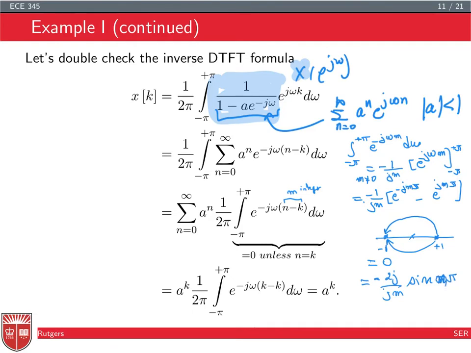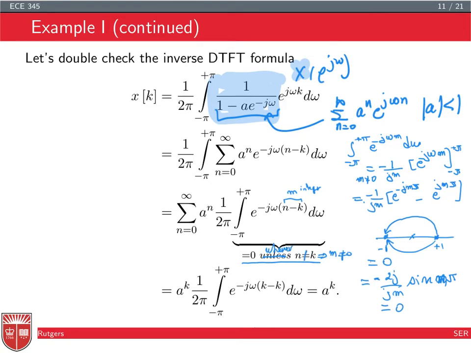And you know that sine of mπ is always equal to 0. So this integral is equal to 0 whenever n is different than k. If n equals k, meaning m is 0, that's a separate case. Otherwise, this is equal to 0 if m is different than 0, whenever n is different than k.